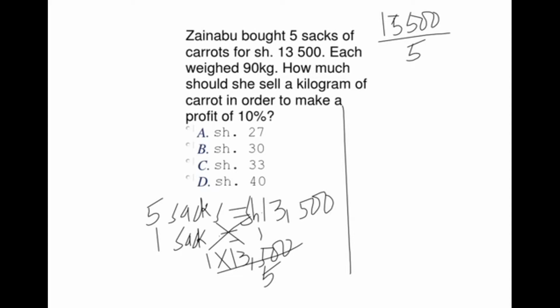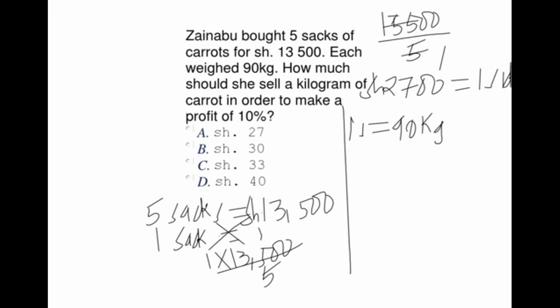We have by 5 is 1, by 5 is 2700. So we have 2700 shillings for 1 sack, and we know that 1 sack equals to 90 kgs.